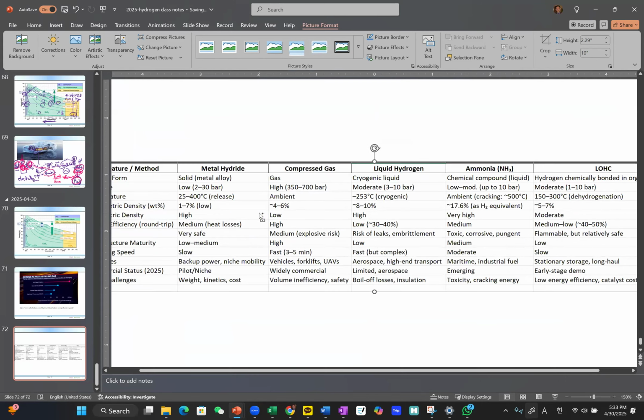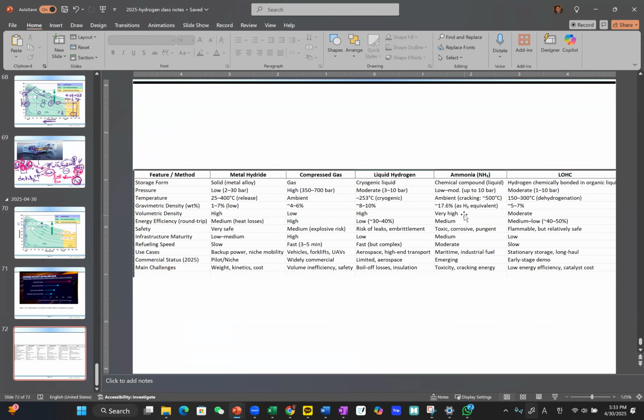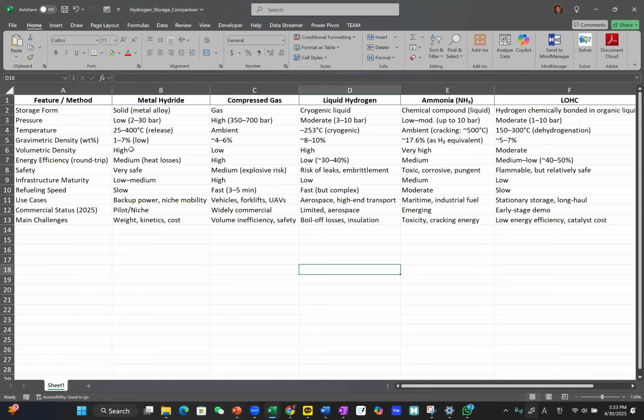We compare the metal hydride, compressed gas, liquid. Well, there was CCH2 as well, and ammonia and LOHC. So the liquid type, this is the gas type or liquid type, and this is ammonia as a hydrogen carrier, and LOHC, and then also metal. And this can be an important point.